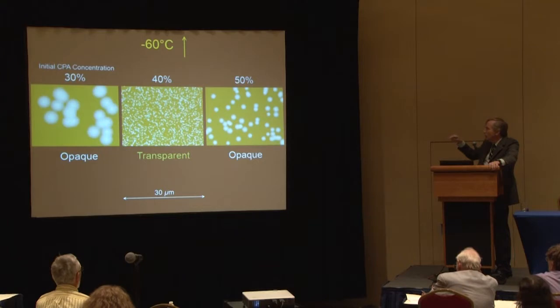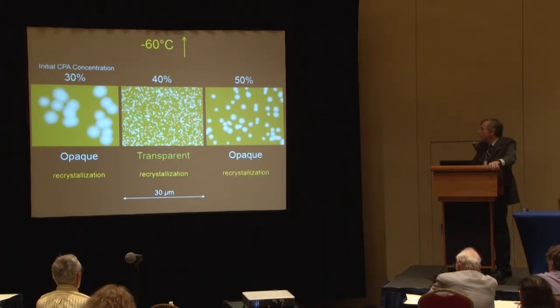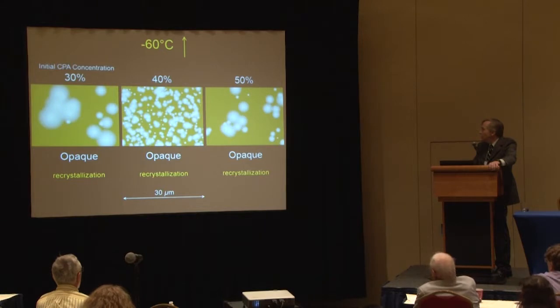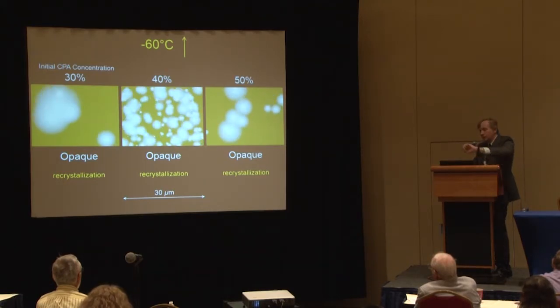So therefore, once the viscosity becomes low enough, larger ice crystals grow at the expense of smaller ice crystals. So the smaller ice crystals begin shrinking and the larger ones begin growing, and you get recrystallization. And finally, even the center solution turns opaque. So the center solution turned opaque because of recrystallization, not because of devitrification.